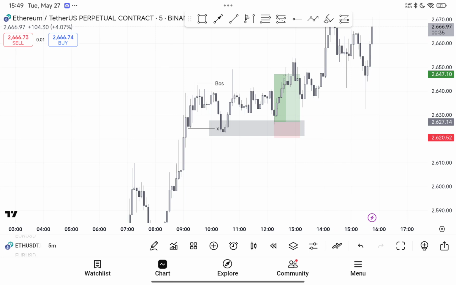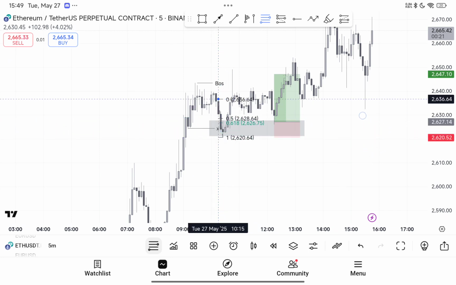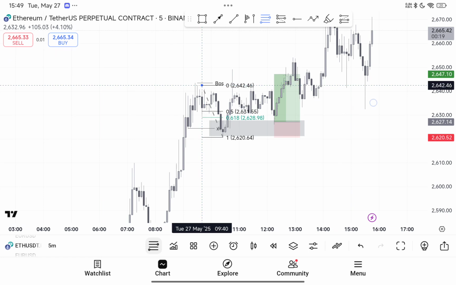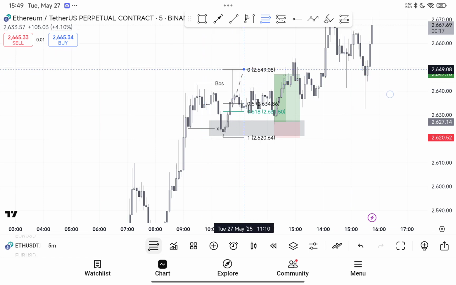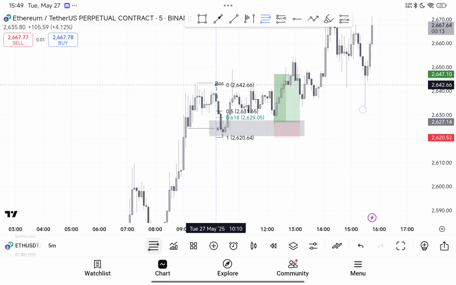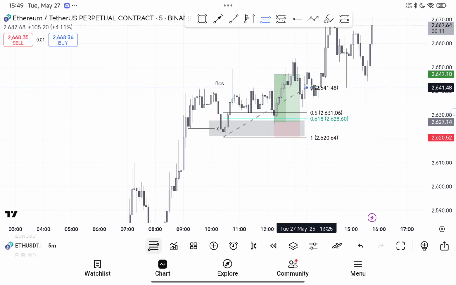The other type of entry I use is my fib, and I use that with the order block, but I also use it independently. What do I mean? I pick up my fib and I draw it. If I'm buying, I draw from down to where the market broke structure, not to the high. This is how most people use their fib, but I don't use my fib like that. I draw it to where the market broke structure and I extend it.